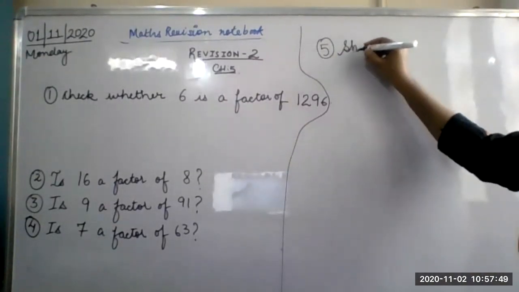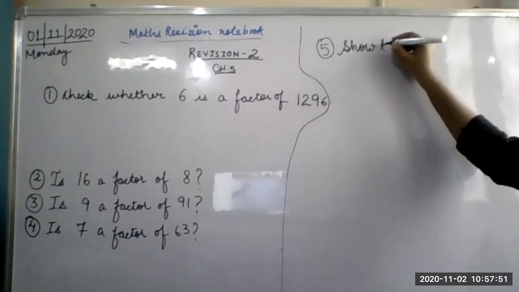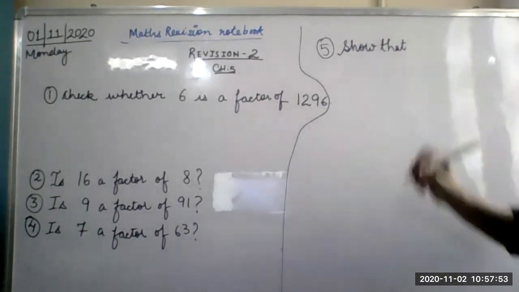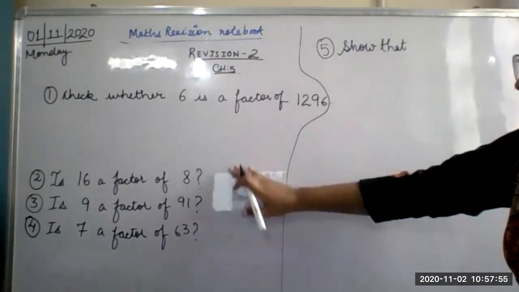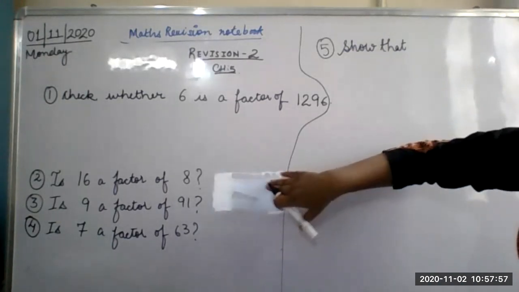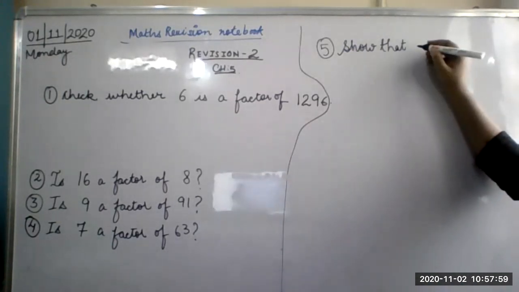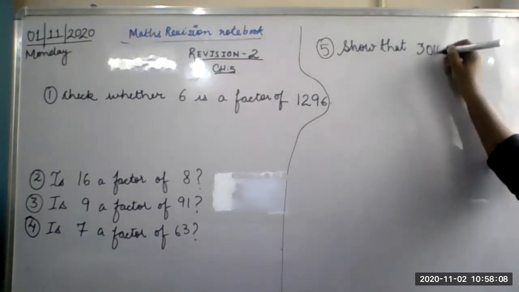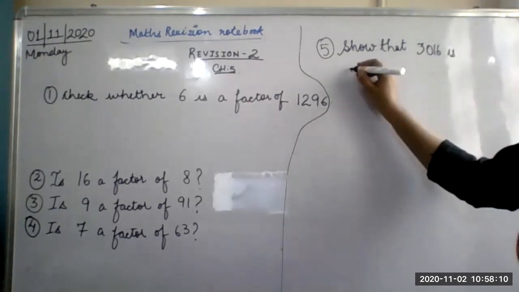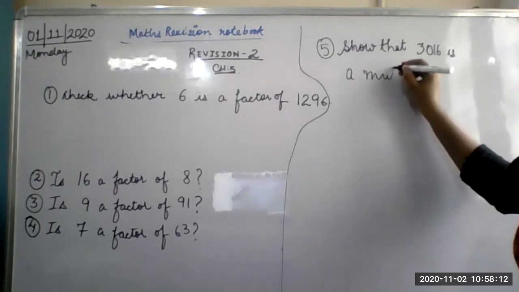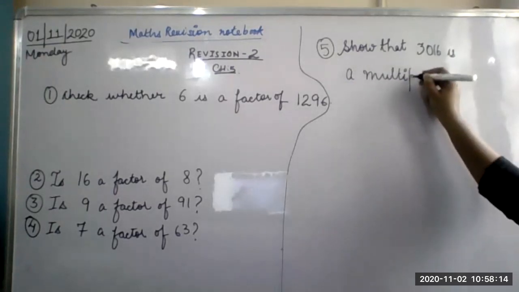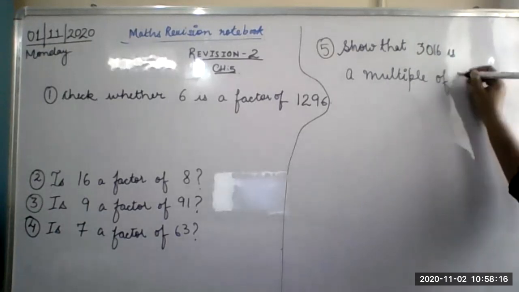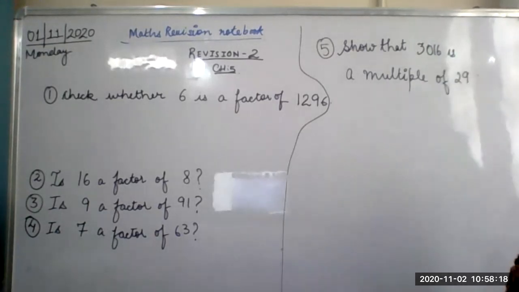Ma'am, in short answers, do we have to write yes or no, or factors of numbers? Beta, you have to write yes or no. First of all, write down the question, and in front of it write yes or no. Show that 3016 is a multiple of 29. Question 5.